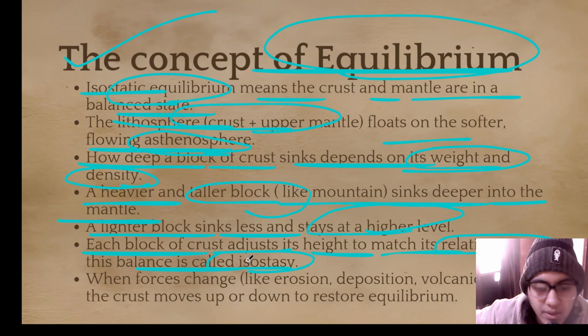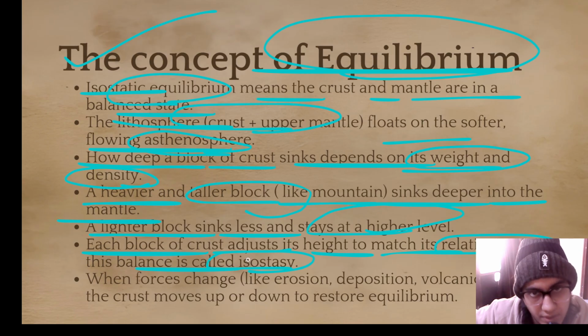Whatever is present on the crust, like mountains, the blocks adjust their heights because of that. Suppose you have a heavy mountain, the crust adjusts itself and sinks a little bit.